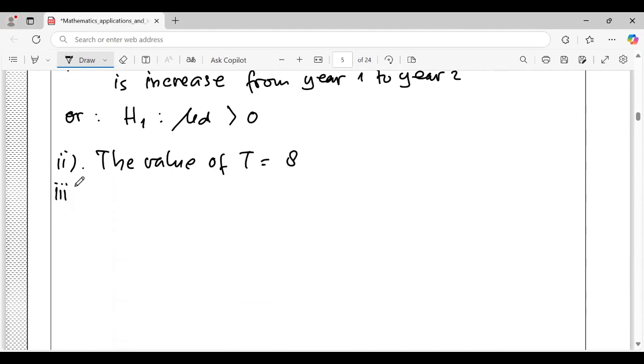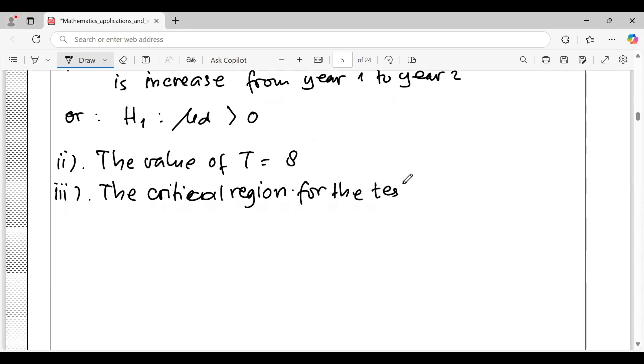And the third, the critical region for the test at alpha or significance level 5% or 0.05 is T less than or equal to 5. Since T equals 8, which is greater than 5, this is not in the critical region.